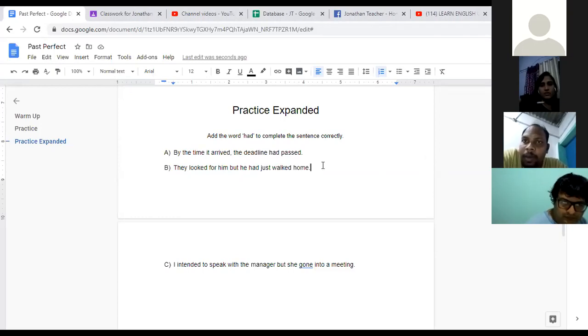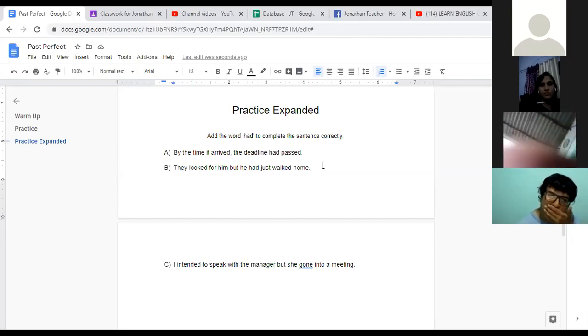Some friends are at a party, and there's 4 friends together at a big party, and one friend goes home without saying goodbye to his friends. So then after he goes home, his friends look for him at the party, right? They looked for him, but he had just walked home before that.